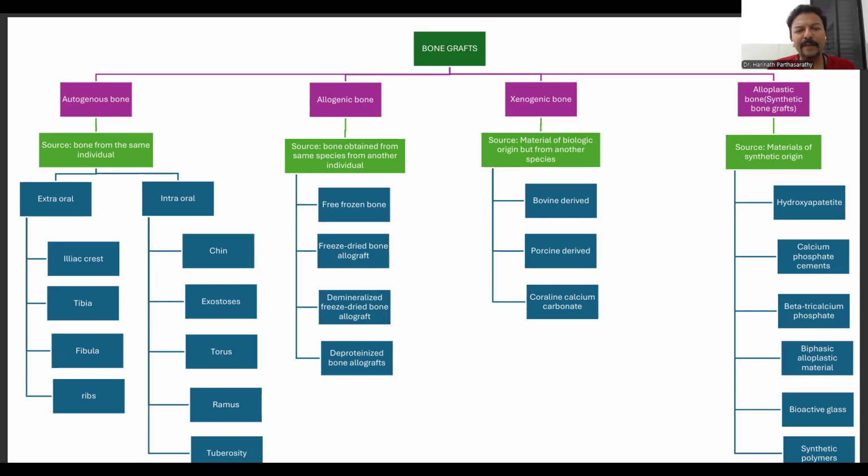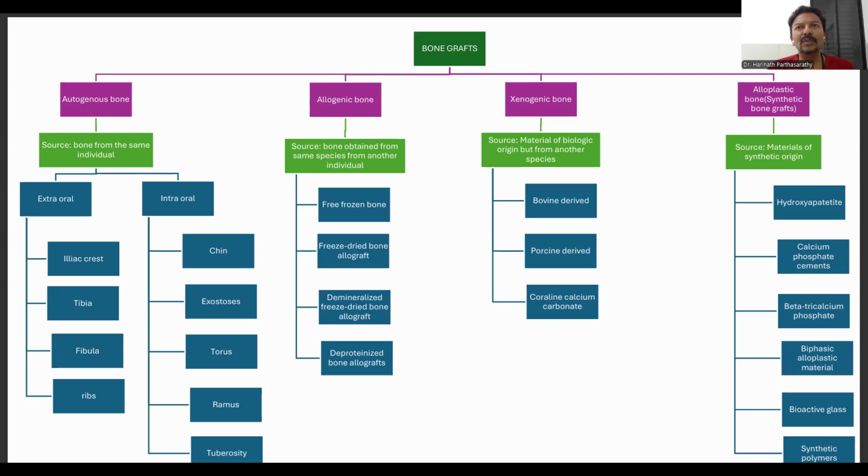The big difference between FDBA and DFDBA is that because DFDBA is a demineralized bone, the resorption time is less, which means it's going to resorb faster when compared to FDBA.